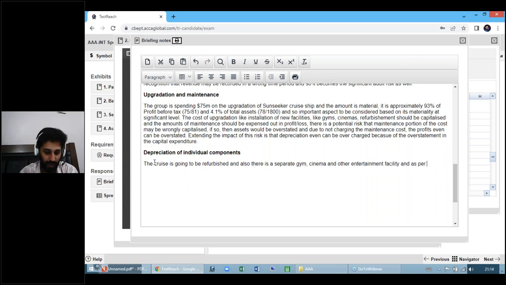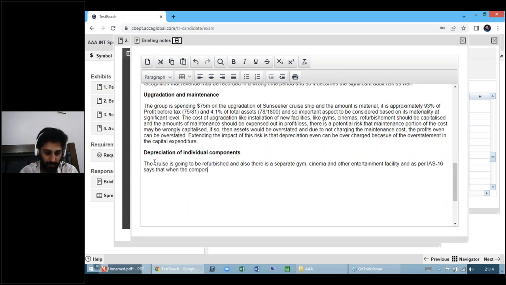And as per IAS 16, you should not write the complete name, property, plant and equipment. Even there is not a requirement to write down IAS 16, but since we know it, we will be writing it.